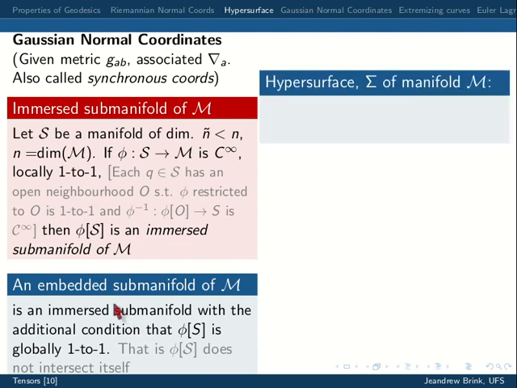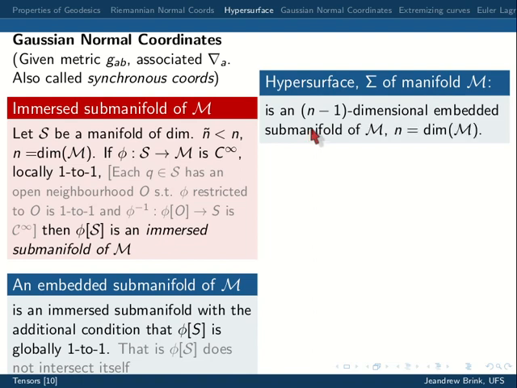Okay, so now we want to get another concept, and we call that a hypersurface of a manifold. And a hypersurface appears often when we work in relativity. Okay, so a hypersurface is an n-1 dimensional submanifold of M, okay, that has dimensionality n.